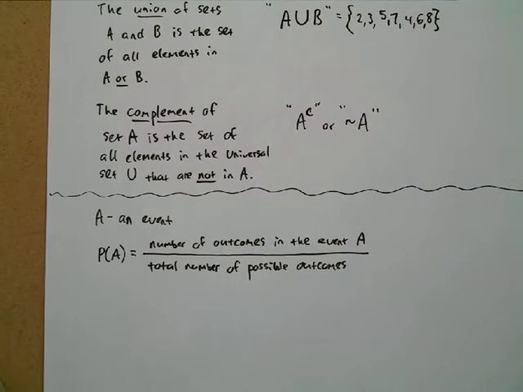Number of outcomes for the event A, and then divide by the total number of outcomes. Easy enough.